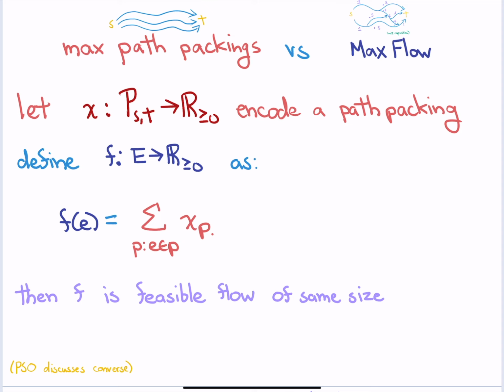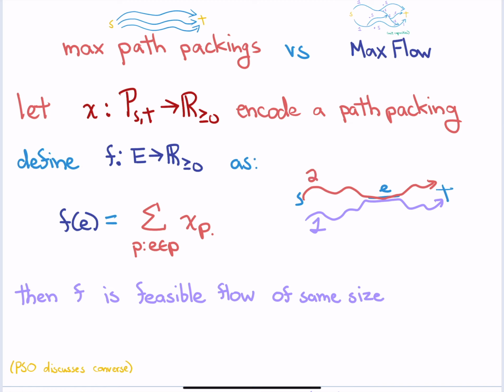Okay, so let me draw a picture. Let me focus on this edge E. You have S and T, and maybe here's one path, and here's another path. Maybe that's 1 unit, that's 2 units.